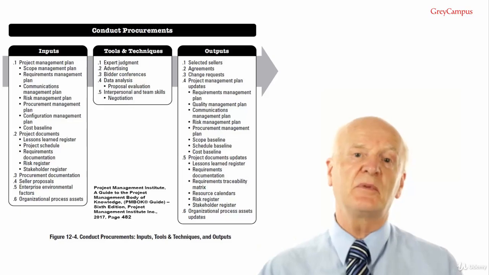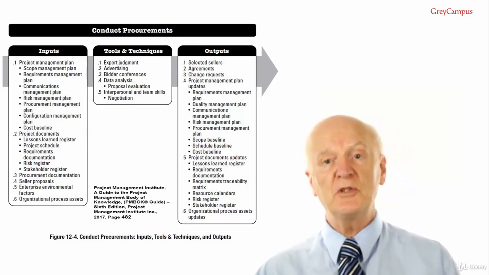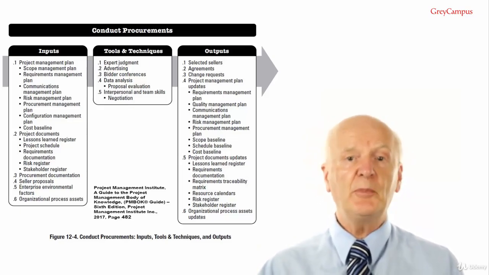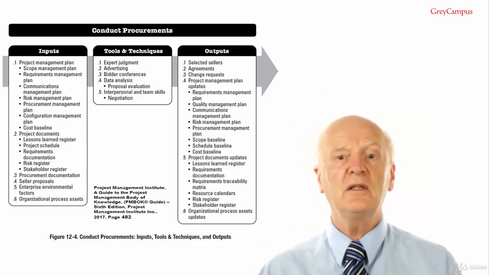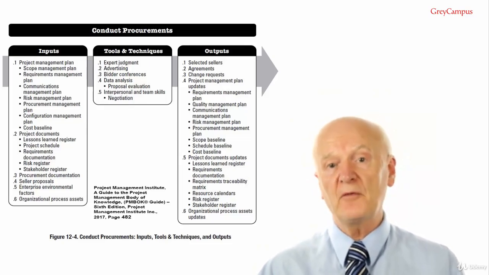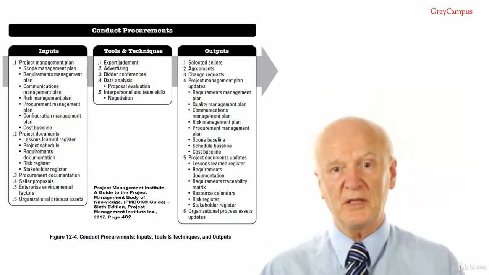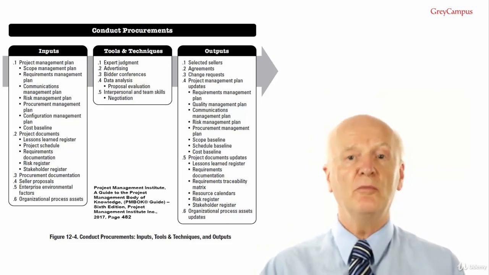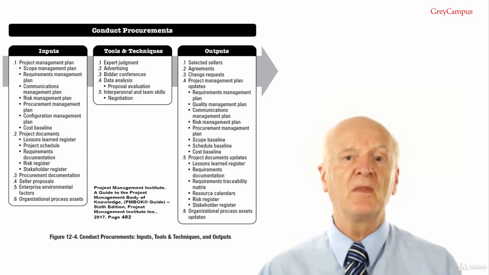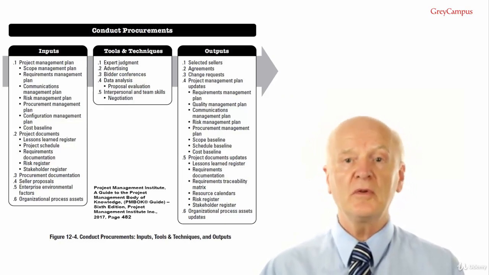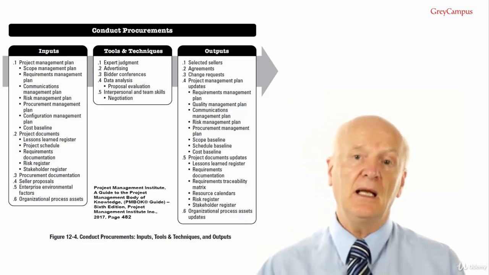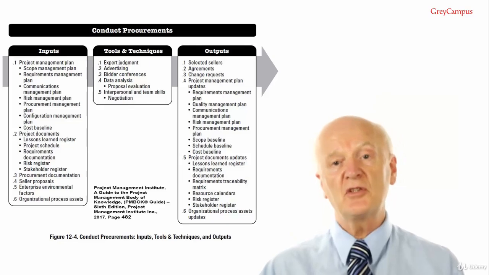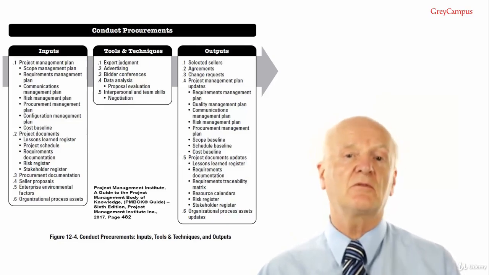The stakeholder register is updated as agreements are made with specific sellers. Output number 6, organizational process assets updates, would include listings of prospective and pre-qualified sellers, because you might remove a seller or you might add a seller, and information on relevant experience of sellers, both good and bad. As I said before, you need to have this documented if you're dealing with government, etc.